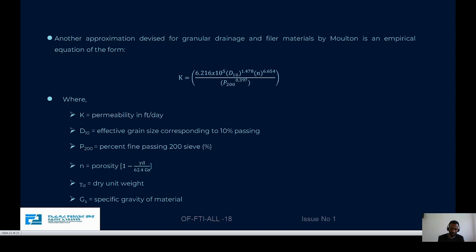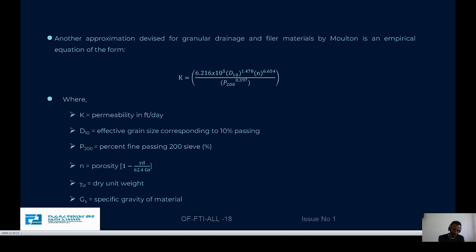K, the permeability, is equal to 6.216 times 10 to the power of 5 times D10, the effective grain size corresponding to 10% passing, to the power of 1.478, times n, the porosity, to the power of 6.654, divided by P200, the percentage of fines passing the number 200 sieve, to the power of 0.3947.